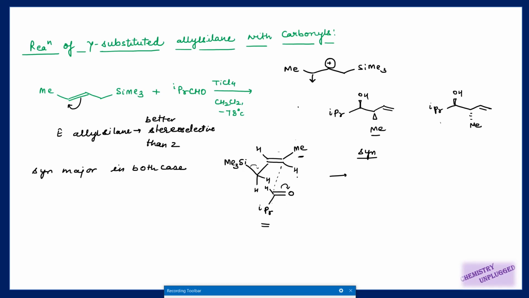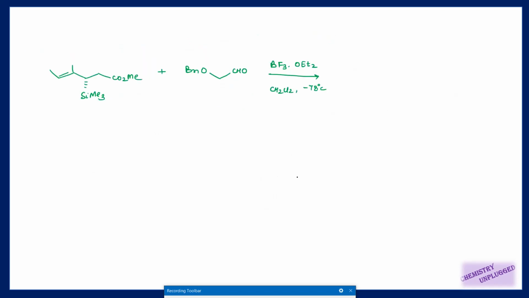We will see one more example based on this one. For example, in this case, right, we will try to draw this structure similar to the previous one, so first we have to draw the double bond in a straight line, then we will place this Me group here and H here towards the cavity.